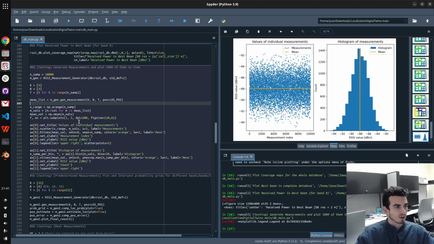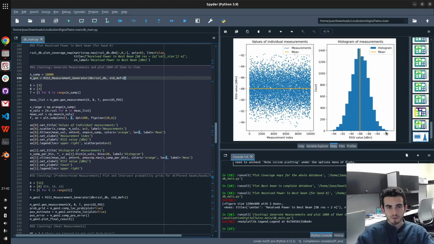And obviously, the width of the distribution matters a lot for how easy it's going to be to localize the user. For example, if I change here the standard deviation to 1, you can see here that this is, so to remind you, 99% of the points are between 3 standard deviations in normal distributions.